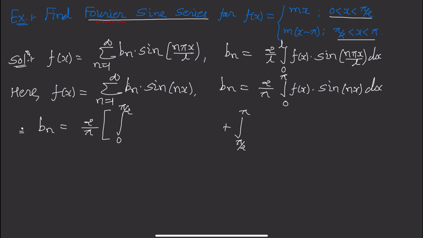When it is 0 to pi by 2, my function is mx, so that is my f of x, right? So I write mx into sine nx dx. When the domain is pi by 2 to pi, then my f of x is m into x minus pi, which I write here, and so it is m into x minus pi into sine nx dx.